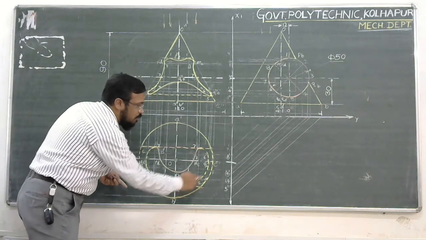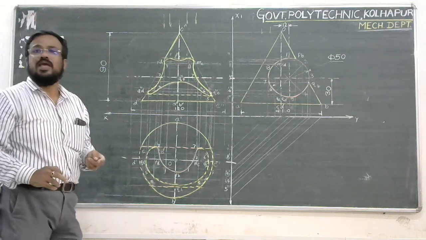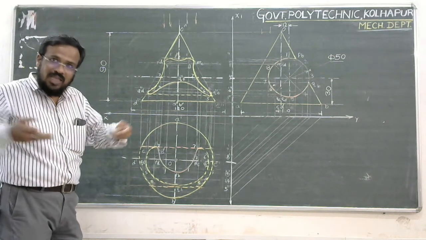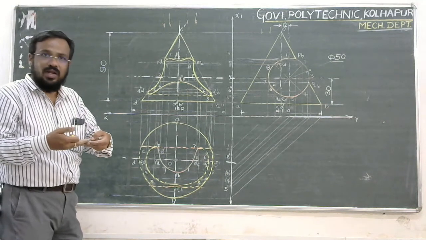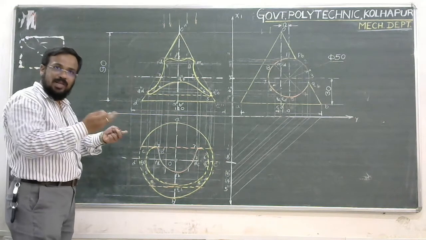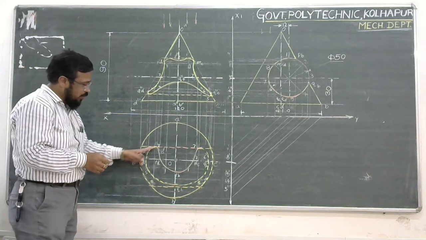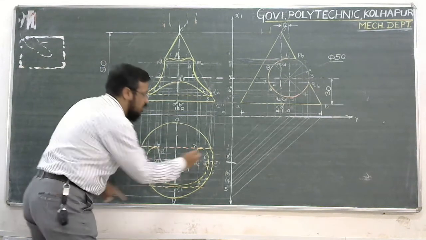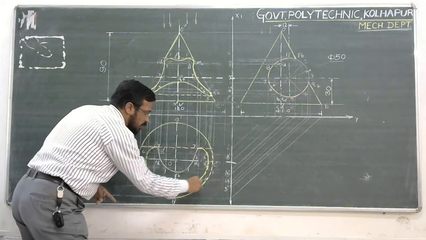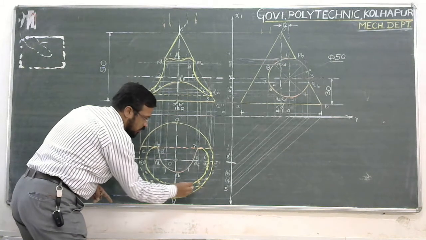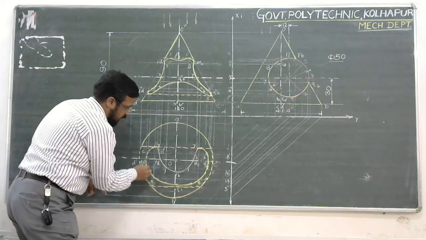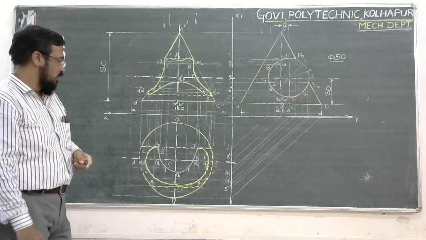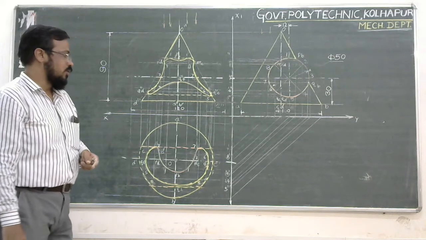And in the top view, whichever portion was drawn with dotted lines because it was not visible to an observer, since it was inside the extruded portion of the cylinder, now the cylinder is replaced by the drilled hole. That means this overall dotted line is now visible, so that will be converted again into continuous lines. So this is the reference of these intersecting points, and that will be seen in the form of a continuous line.